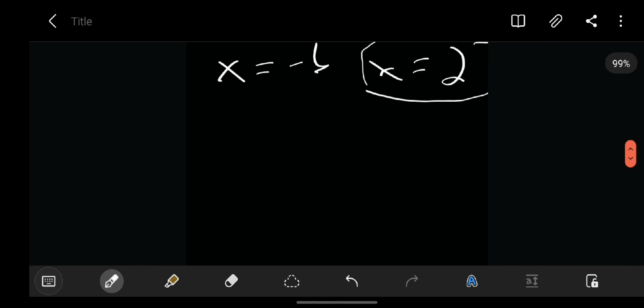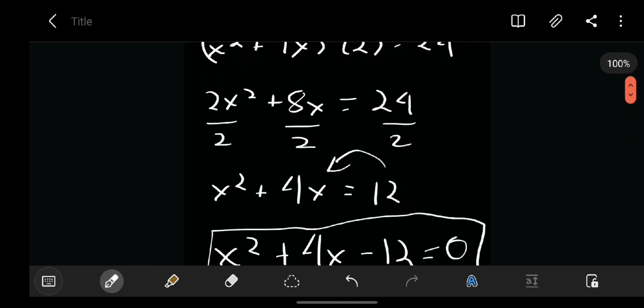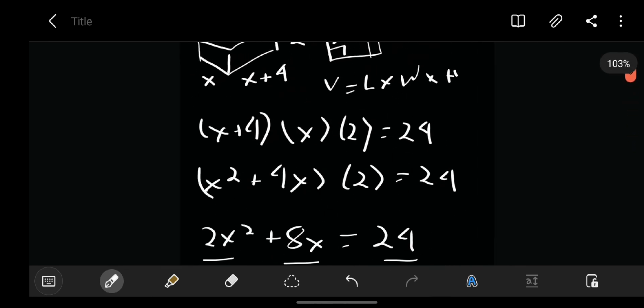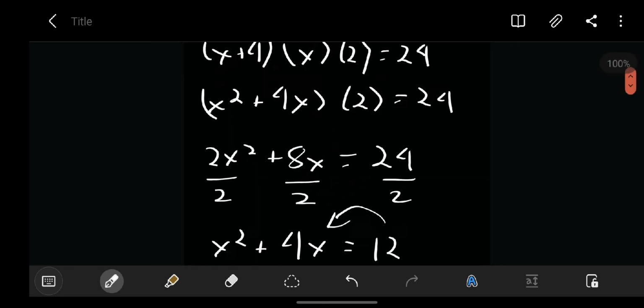Now, let's use what we wrote earlier, which is x plus 4 in parentheses, times x, times 2 equals 24. We're going to use the value of x and solve it.